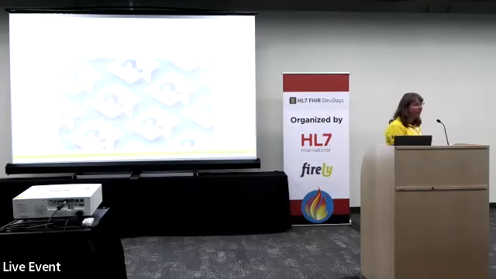HL7 affiliates create implementation guides and profiles, but also just organizations, any organization within a country that needs to have specifics on the FHIR resources can do that. It's not mandatory to publish your profiles on Simplifier, but we do make sure we have contact with HL7 affiliates to put them on there.